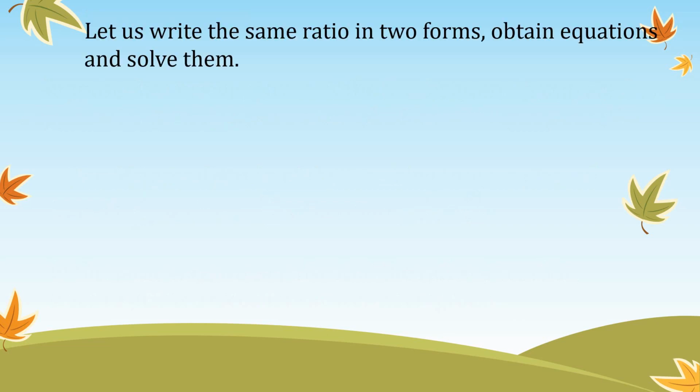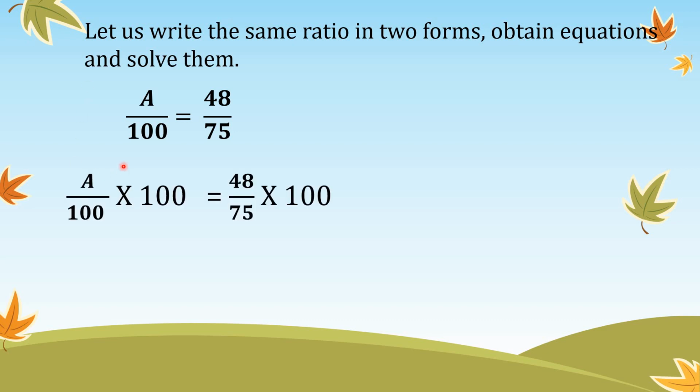Let us write the same ratios in the two forms, obtain equations and solve them. A upon 100 is equal to 48 upon 75. So here we will multiply both sides by 100.